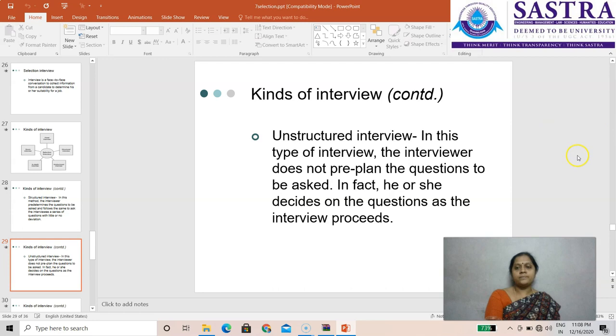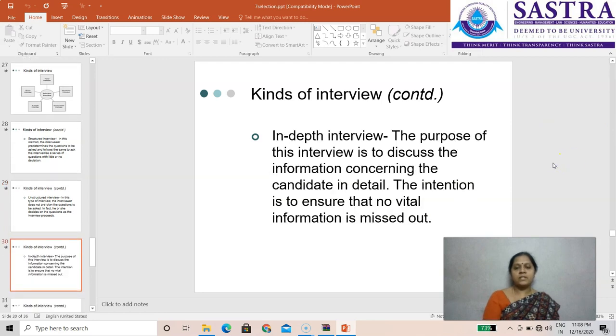The next method is the in-depth interview. Here the purpose of conducting an in-depth interview is to discuss the information concerning the candidate in detail. They will ask about the abilities and competencies, giving scenario-based questions to identify them.